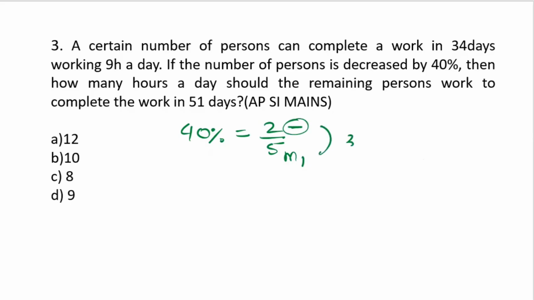So how many members are there now? 3. So the ratio is like 5 members are there and 3 members are there after decreasing by 40%. Now my formula is like 34 days are there. And here how many hours are there? 9 hours are there. Here how many days?